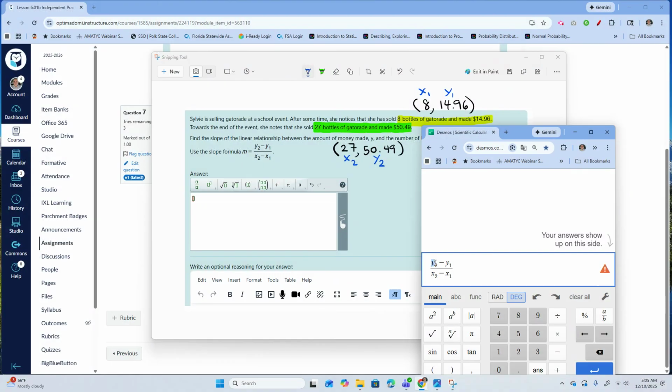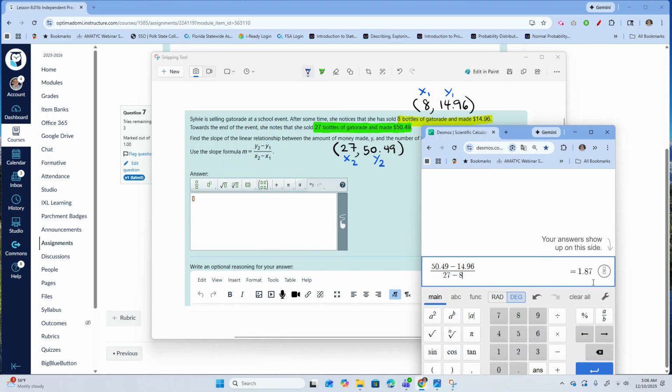So Y2, that's going to be 50.49. Y1, that's going to be 14.96. X2, that's going to be 27. And X1, careful again when you're highlighting, X1, this is 8.